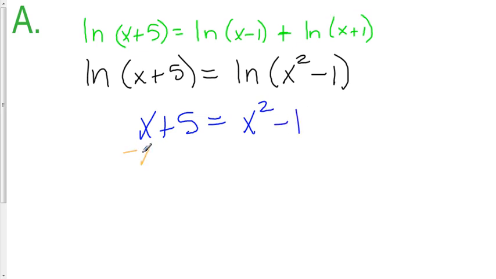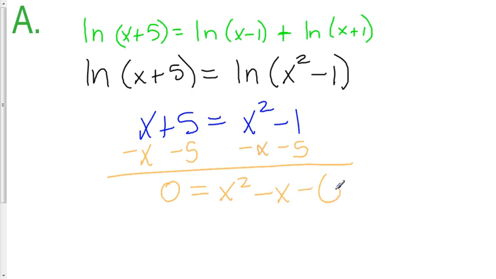And so moving things to the same side so that you can have one side equal to 0, you will get 0 equals x squared minus x minus 6. And then you need to solve this equation. If it is not factorable, you can turn to the quadratic formula.